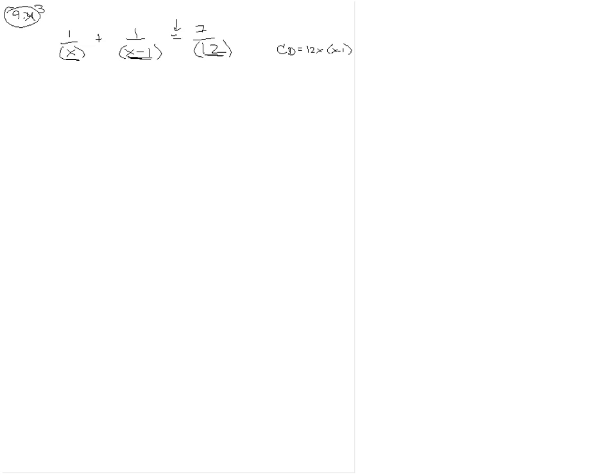Okay? So I am going to take each piece and multiply by the common denominator, which in this case is 12x times x minus 1.